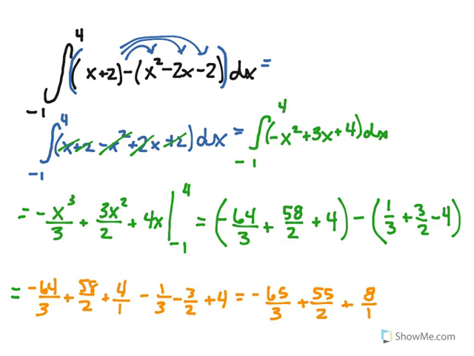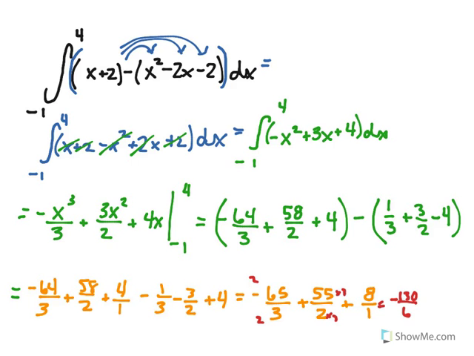We need to get common denominators. Almost always our common denominator is going to be 6 when we work on these. So multiply the top and bottom of here by 2. So 2 on the bottom, 2 on the top. So that's going to be equal to negative 130 over 6. Multiply these by 3.